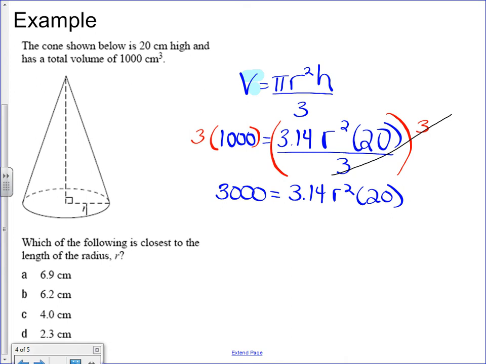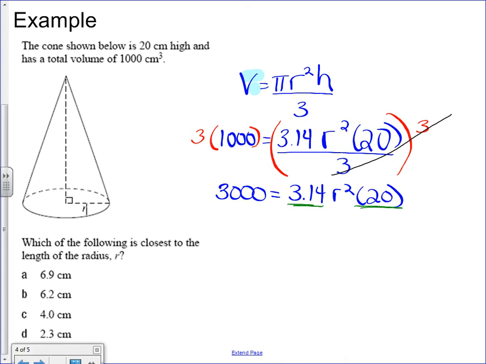Bailey, what am I going to do next? I can do some more simplification on this right-hand side. I can do something with these 2 numbers. Do you know what I could do with them? Yeah. What do I get when I multiply them? Because this is saying 3.14 times r squared times 20, I'm going to make my life simple and get rid of those 2 numbers and make them 1.